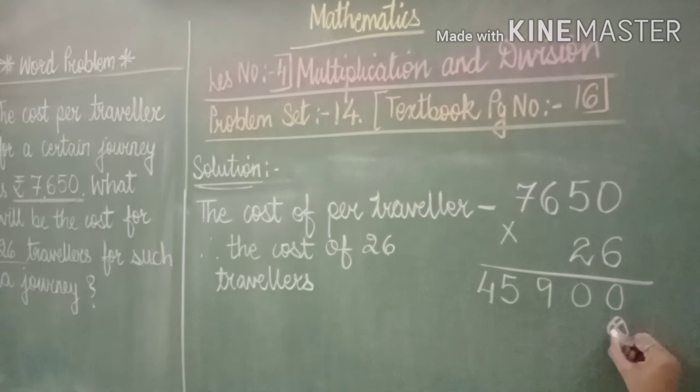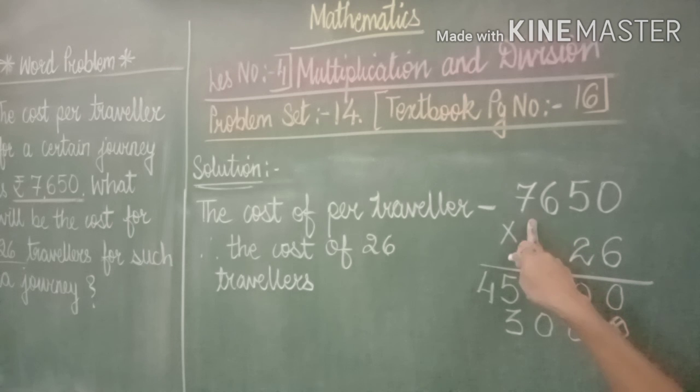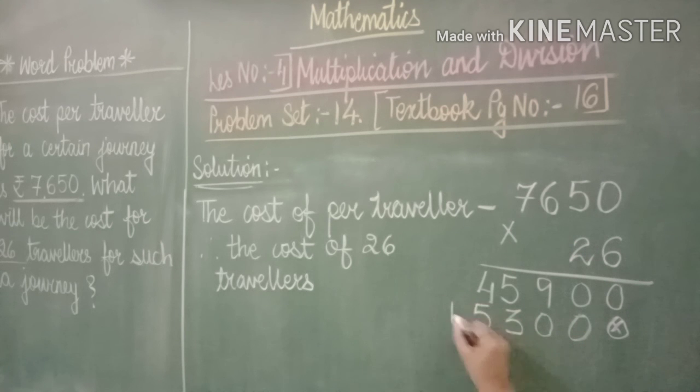This 0 is for the units place, and we have to multiply 2 which is standing in the tens place. 2 zeros are 0, 2 5s are 10, 1 carried up, 0 written down, 2 6s are 12, 12 plus 1 becomes 13, 3 written down, 1 carried up, 2 7s are 14, 14 plus 1 becomes 15. We have to add. We'll get the final answer.